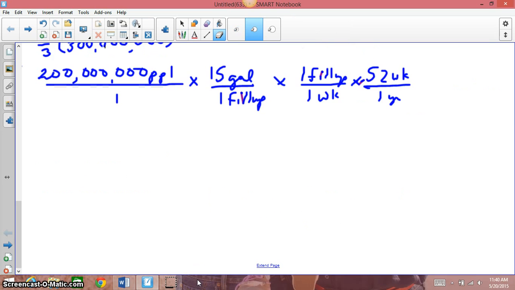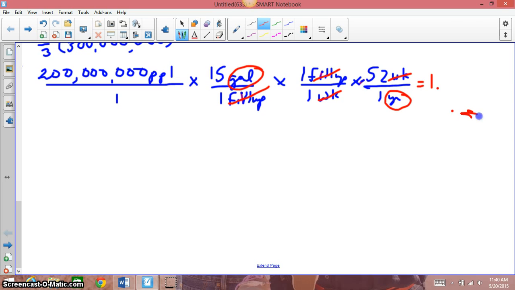So now at this point we can see the units that have canceled out on us, the fill-ups, the weeks, and we can see then, okay, I'm left with how many gallons per year have been used. After you do that multiplication, you should be getting 1.56 times 10 to the 11th.